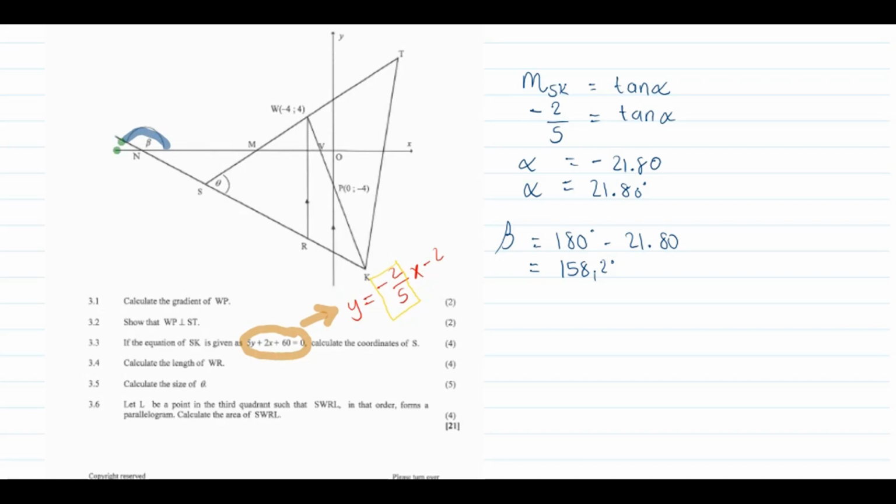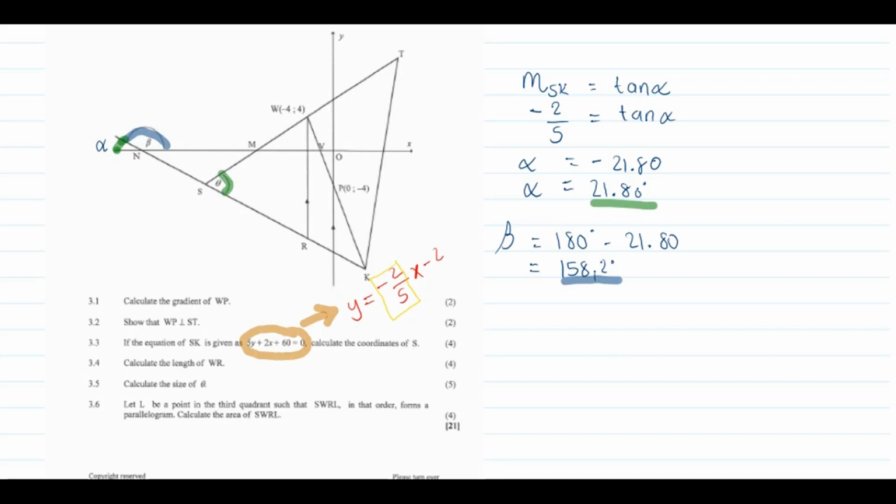We found that our angle beta is equal to 158.2, and that our angle alpha is equal to 21.80 degrees. So now we still need to calculate our angle theta.